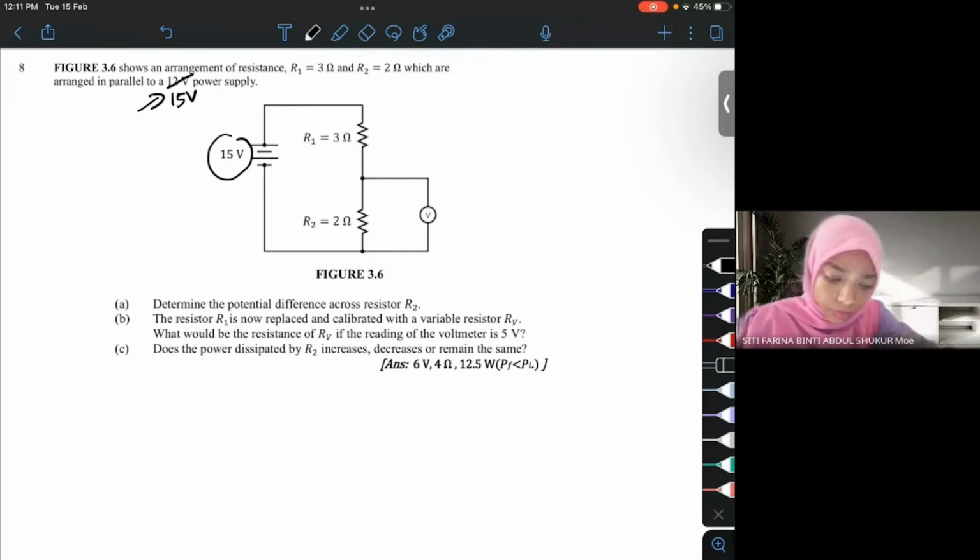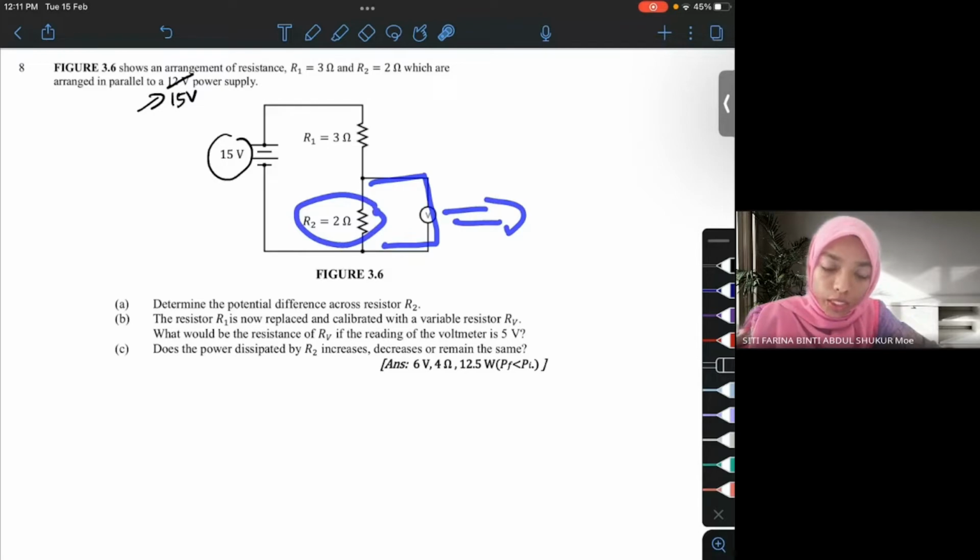Okay. As you can see, you have connected a voltmeter across resistance R2 here. So what you can get across this R2 is the potential across resistance 2.